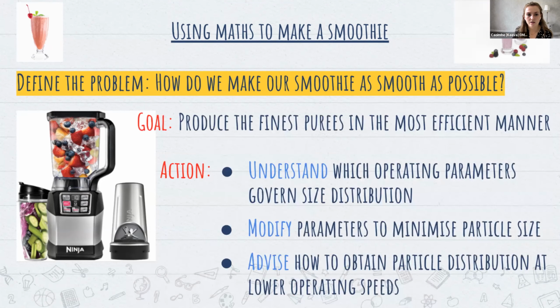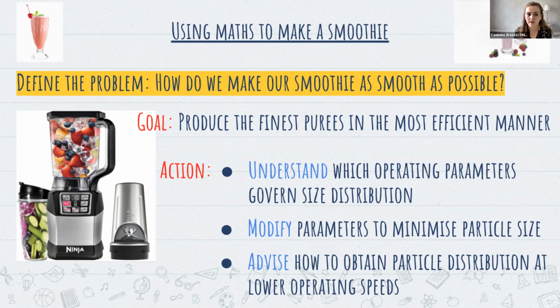To break that down into a modeling problem, our goal was to produce the finest puree in the most efficient manner. That involved trying to understand which operating parameters would govern the size distribution. By operating parameters, I mean the speed of the blade, the angle of the blade, or the length of the blade.